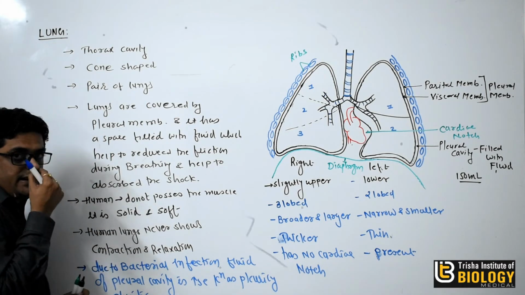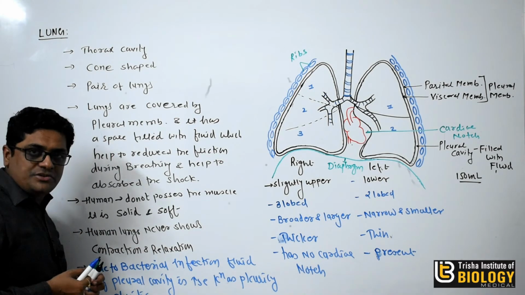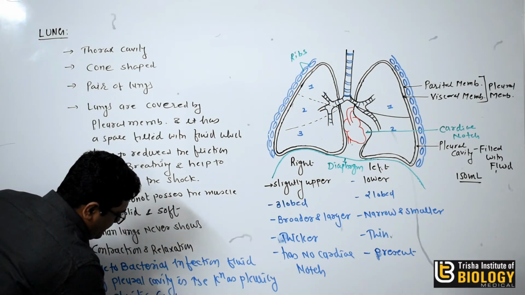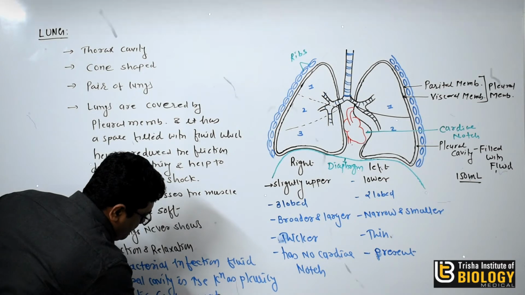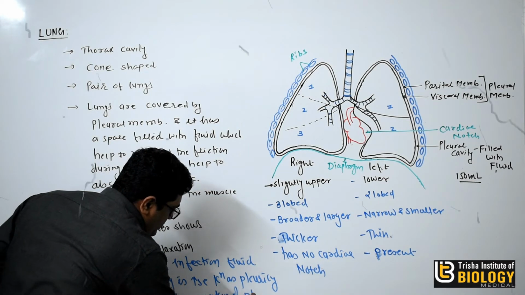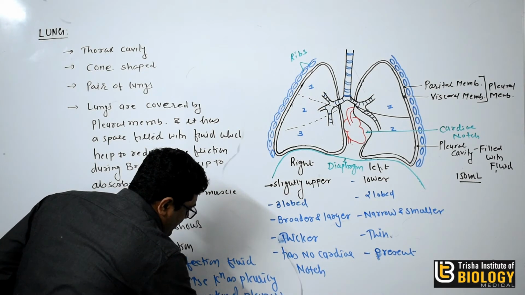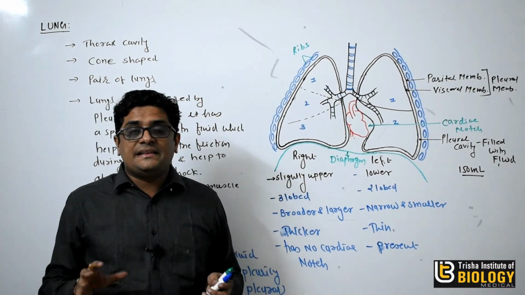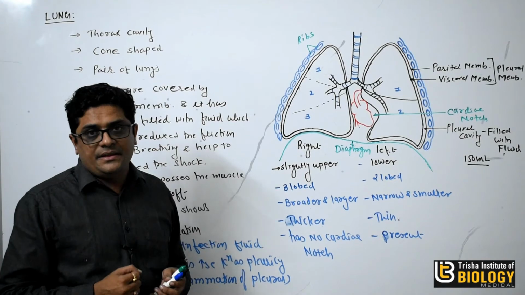We all know that "-itis" stands for inflammation, so it is also called inflammation of the pleural membrane. During this condition the patient has difficulty in breathing.